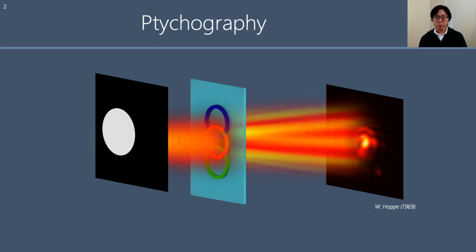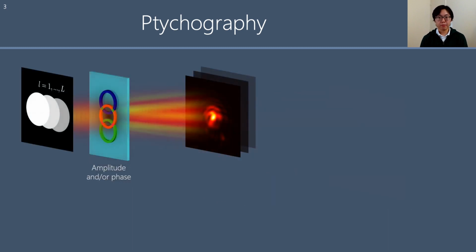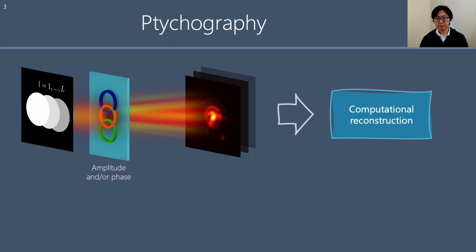Ptychography is a computational imaging framework which has been introduced back in 1969. The experimental setting is the following. An illumination probe is scanned onto an object to study, and the resulting diffracted patterns are recorded on a camera. From this stack of camera images, one then reconstructs the amplitude and phase of the object using a complex reconstruction algorithm.